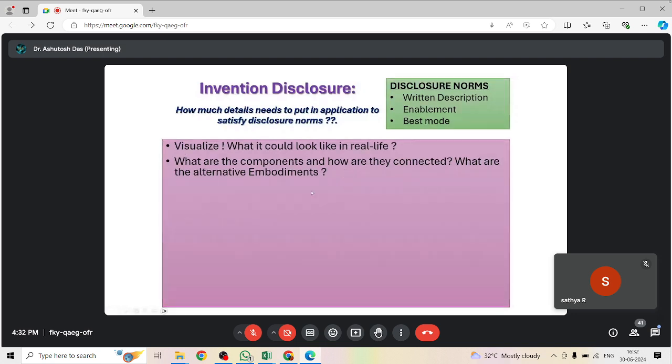Embodiments means any other forms possible. When you are giving one presentation, one patent, you should make sure the details are given, and at the same time make sure people having slightly different versions also cannot claim the same patent. For example, I did something at 25 degrees centigrade, and someone did it at 23 degrees centigrade. He says that his is different from mine? No, it's obvious. So my claim should be drafted in such a way that it covers temperatures less than 30 degrees, because more than 30 is not possible.